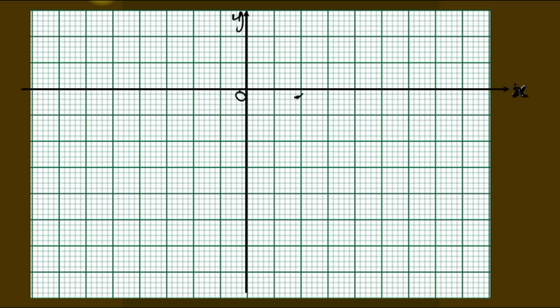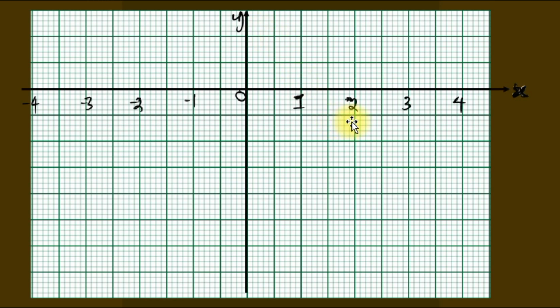So we'll have 1, 2, 3, 4, and again we'll have -1, -2, -3, -4.